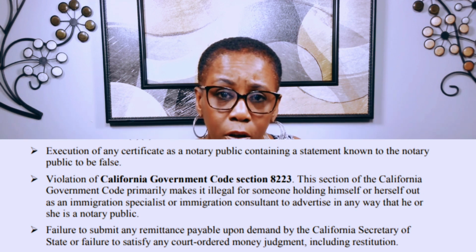Execution of any certificate, whether it's a jurat, an acknowledgement, all of those things that you know to be false. You know they're lying. You know they finna pull one on the government, and you go ahead and notarize it anyway. Now we're looking at penalties.